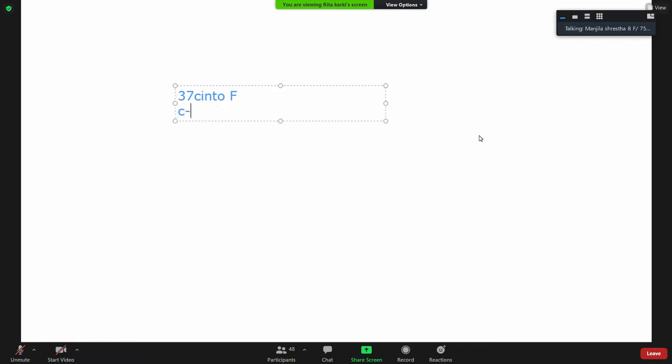(C minus 0) upon 100 is equal to (F minus 32) by 180.